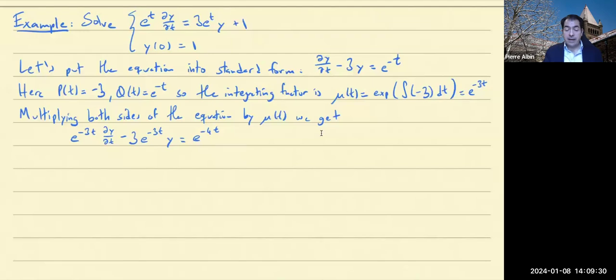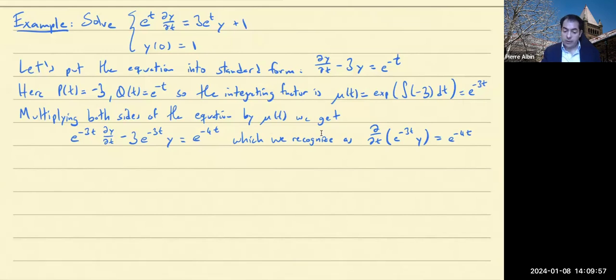Okay, and we recognize the left-hand side as the derivative with respect to t of e to the minus 3t times y. And the right-hand side stays the same, e to the minus 4t.